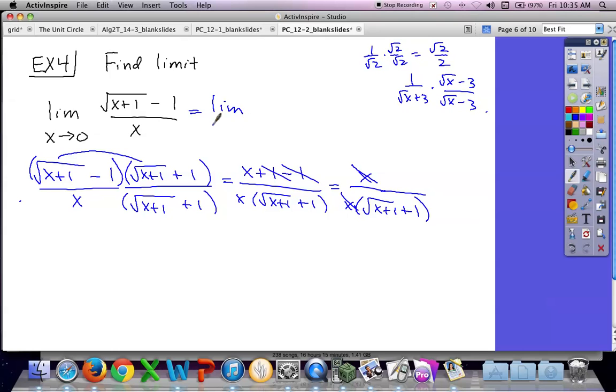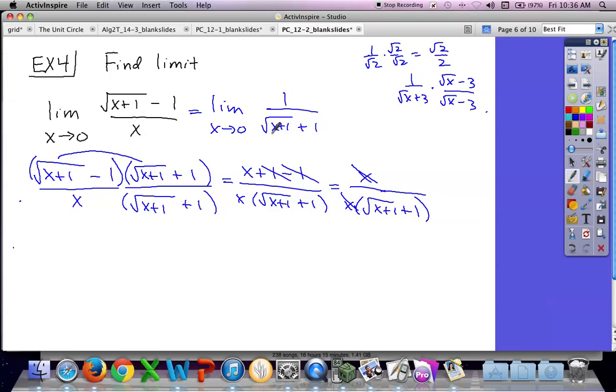Limit as x approaches 0 of 1 over the square root of x plus 1 plus 1. You see where that is? Make sure that when you cancel these x's, you still have a 1 in the numerator. Okay? Can you do direct substitution?